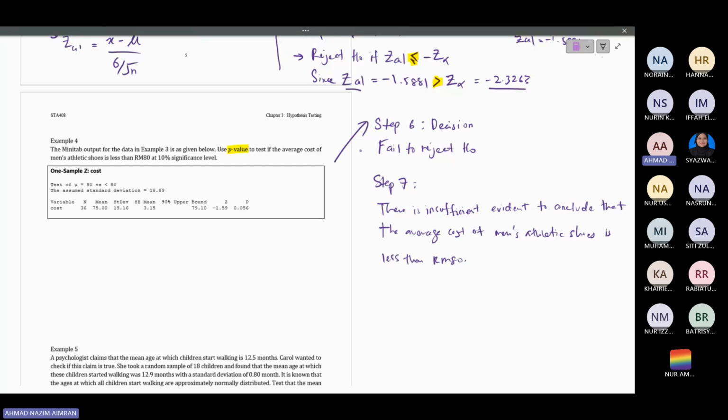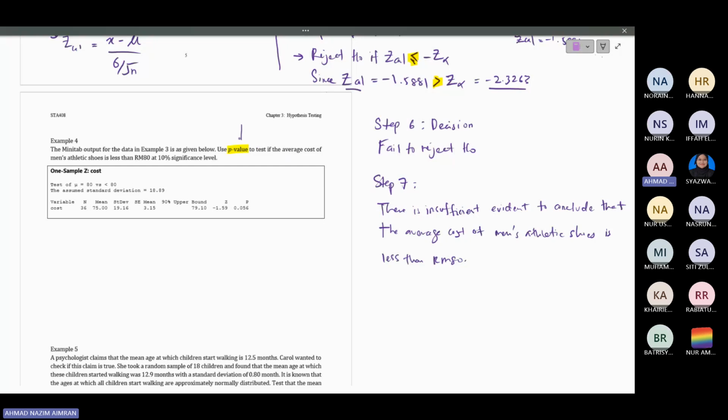You will only get mark for the final answer. So please be careful, read the question carefully, and if the question asks you to use p-value, then please use the p-value to test the hypothesis.